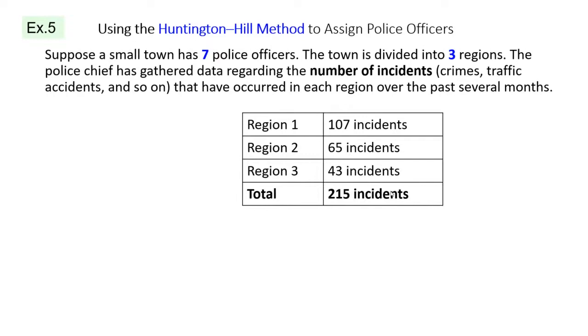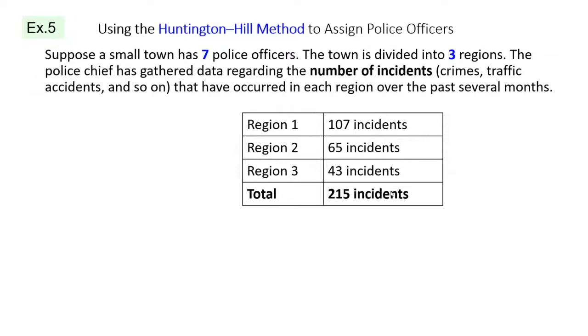Okay, let us do one more example. Suppose that we assign 7 police officers in a small town. The town is divided into 3 regions. The police chief has gathered data regarding the number of incidents that have occurred in each region.